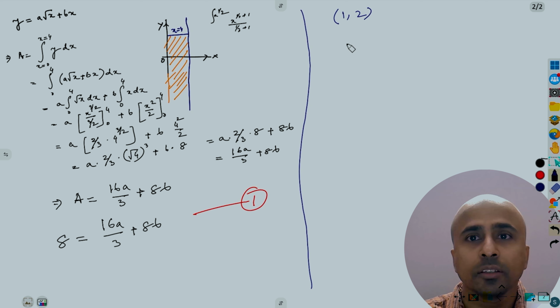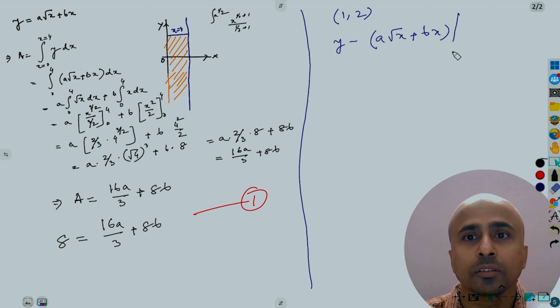Yes, this means that y minus a root x plus bx at (1, 2) equals 0. Substituting the value here, this gives 2 minus, x equals 1, so this is a plus b equals 0.